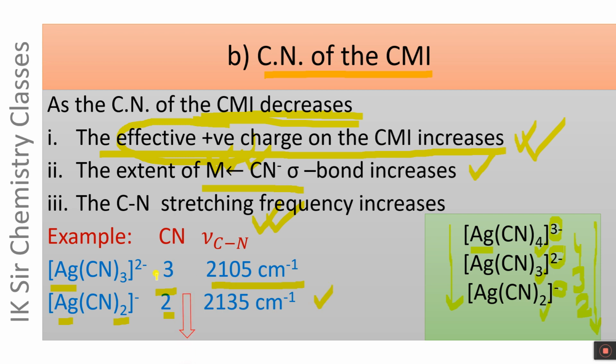The coordination number has decreased from 3 to 2. As a result, the effective positive charge on the central metal ion will increase. The extent of sigma bonding will increase, and accordingly CN stretching frequency increases from 2105 centimeter inverse to 2135 centimeter inverse.